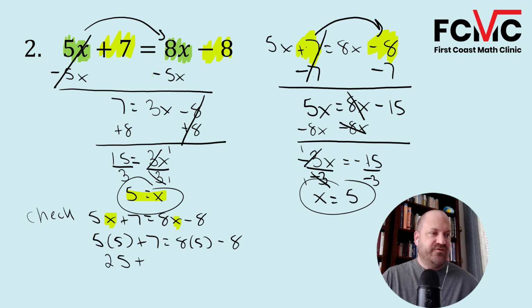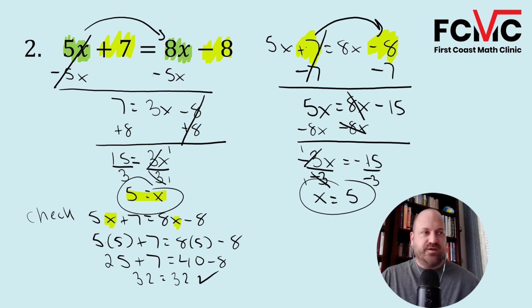So we get 25 plus 7 and 40 minus 8. And then we get 32 equals 32. So our answer checks. All right. So again, we did 2 different ways to solve this equation depending on your first step, and then we checked our solution at the end.